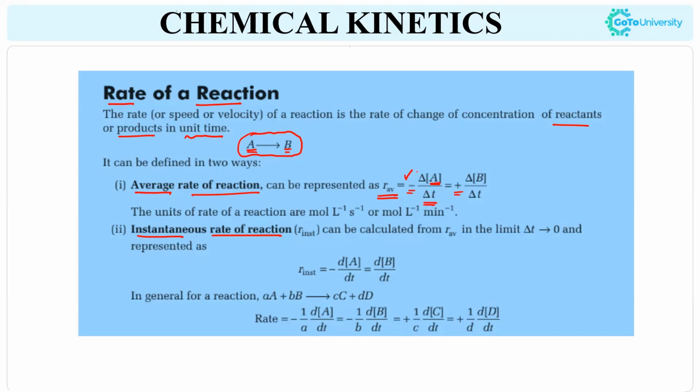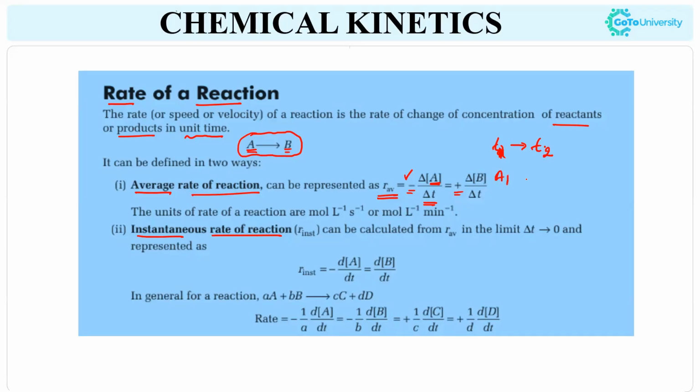The sign delta denotes the difference between the concentrations at a particular time interval. Suppose I am measuring the reaction between time t1 and t2. When time increases from t1 to t2, there will be a change in concentration.